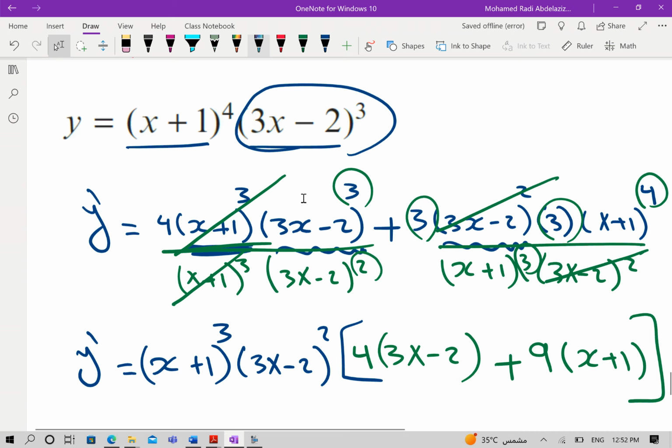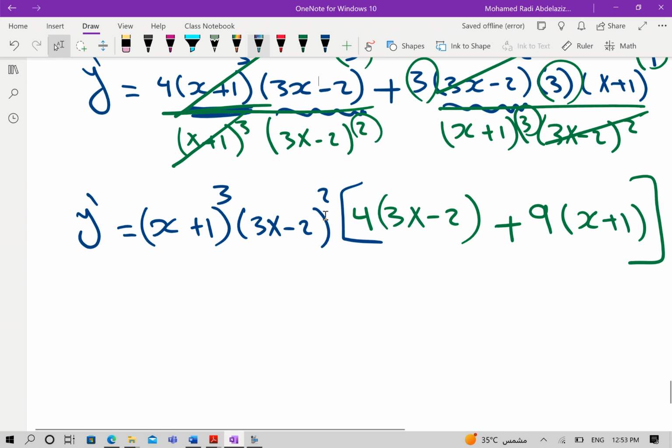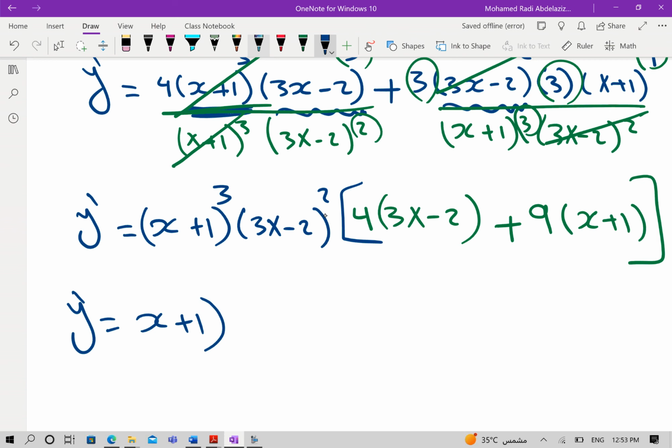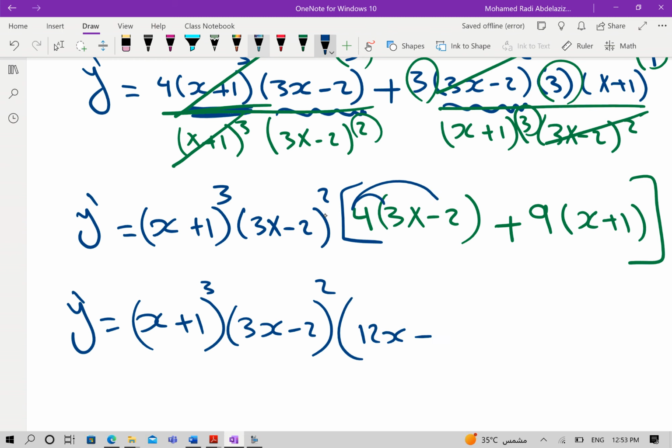Then y dash equals (x plus 1) all to the power of 3, (3x minus 2) all to the power of 2, 4 by 3 is 12x, 4 by 2 is 8, 9 by x is 9x, 9 by 1 is 9.